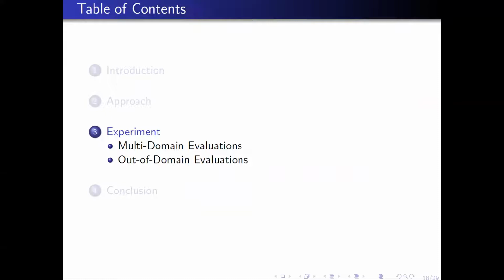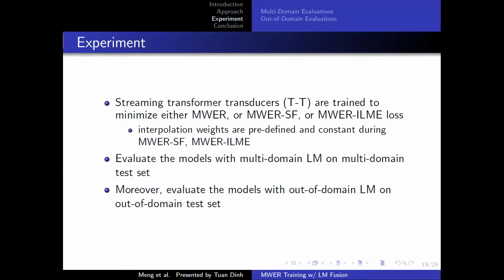In this section, we present two sets of evaluation to determine the robustness of their methods on multi-domain datasets and out-domain datasets. In this experiment, a streaming transformer transducer, or TT, is trained to minimize either MWER, MWER-SF, or MWER-ILME loss.